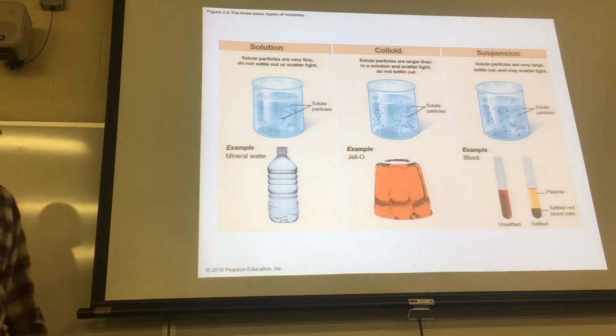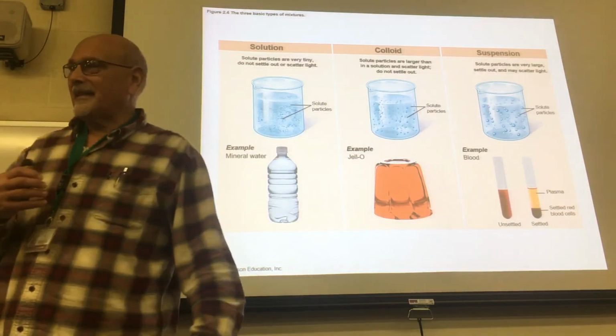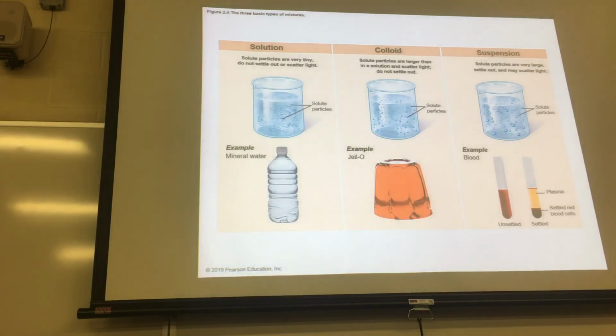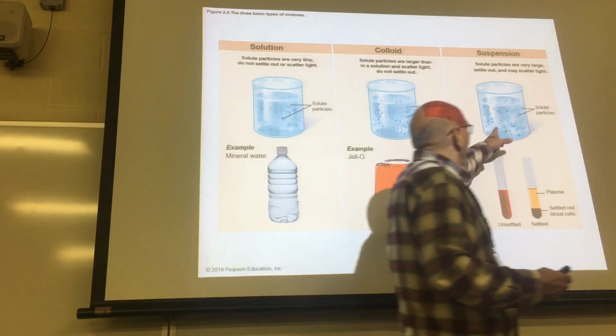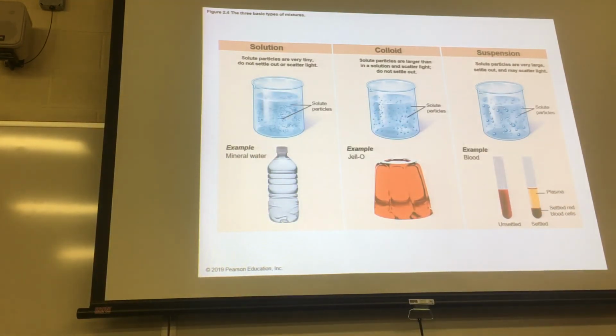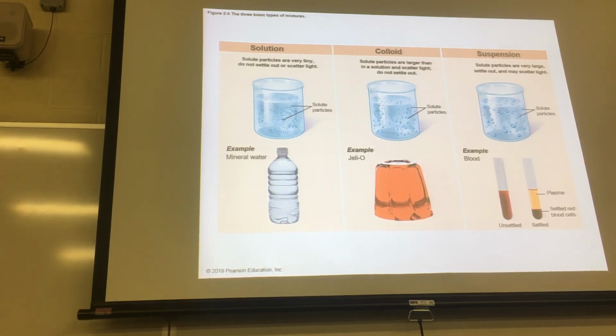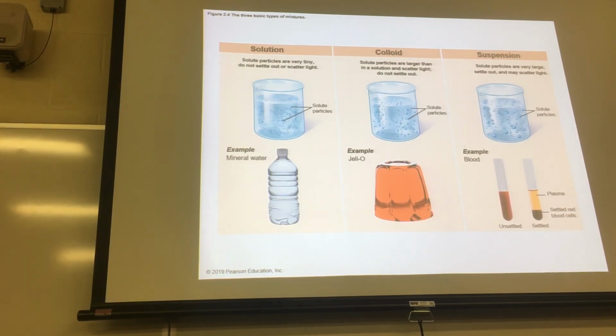So now, these things kind of like to hook together. And first, before we get into bonding, you've got solutions, colloidal solutions, and suspensions. So what is a suspension? What do you think that is? If they're showing blood, when you let it sit, it settles out.